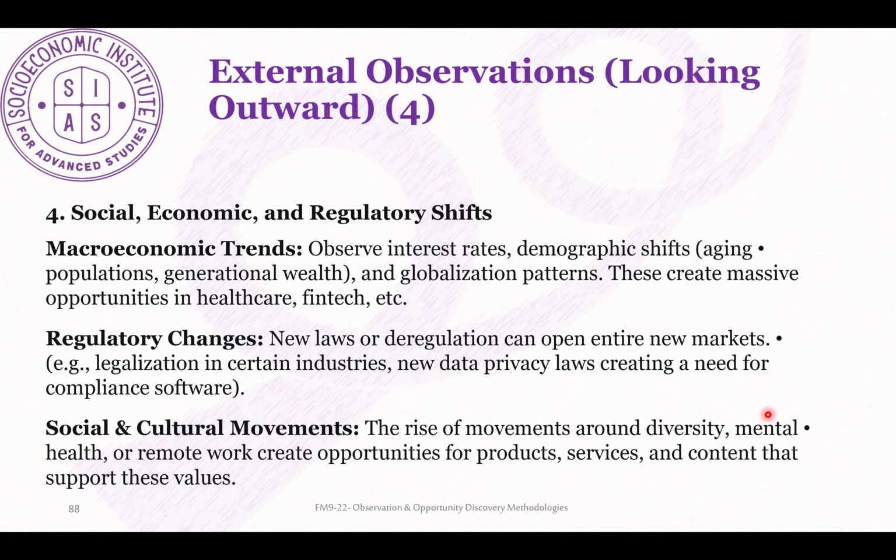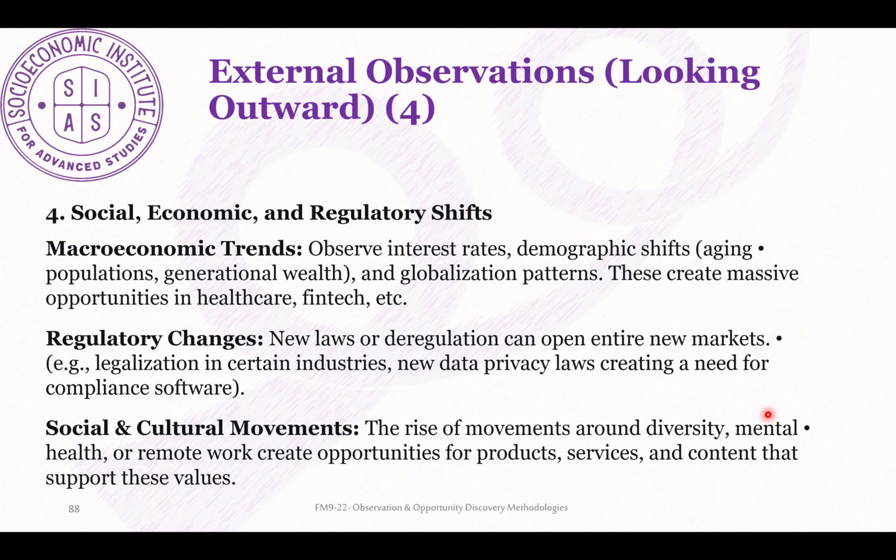These create massive opportunities in healthcare, fintech, and more. Sometimes regulatory changes, like new laws or deregulation, can open entire new markets. For example, new data privacy laws create a need for compliance software.